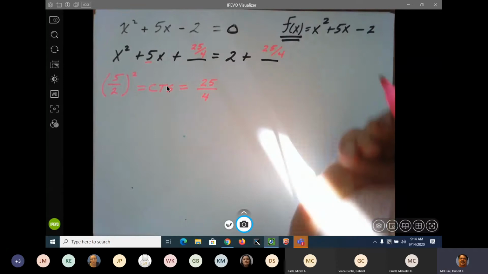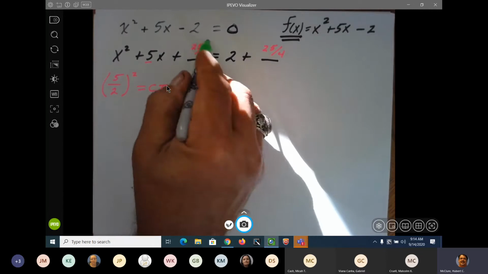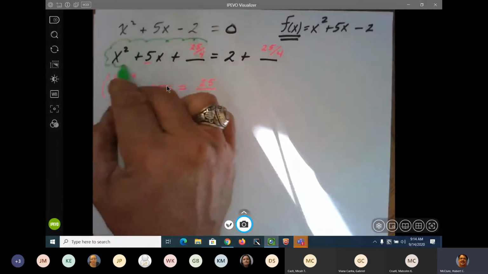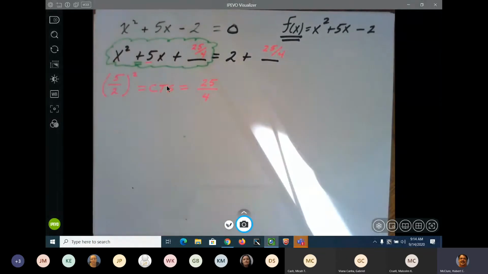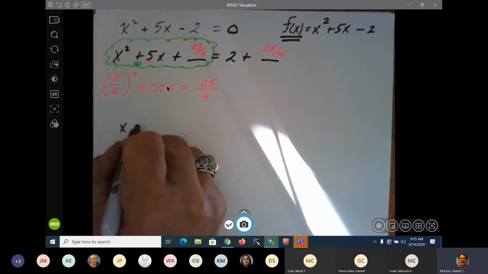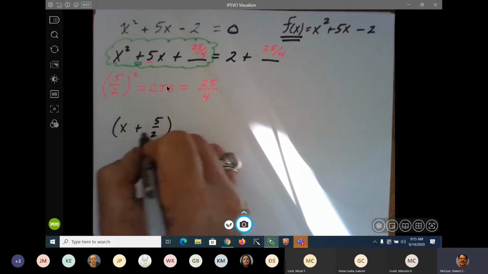And of course, at this point, most of you will shut down because you got a fraction in the problem, and that's what y'all do. Y'all automatically shut down. Over here, we've got shortcut number 1. You're either going to have shortcut number 1 or shortcut number 2 based on that sign. This is shortcut number 1. So that means we're going to have x plus 5 halves quantity squared.